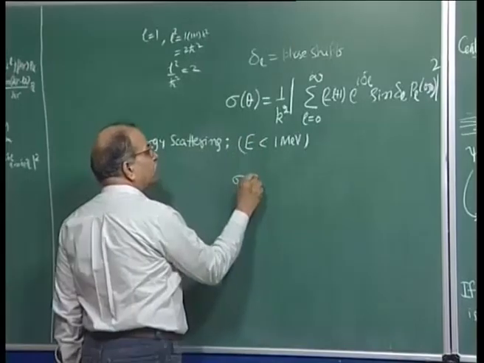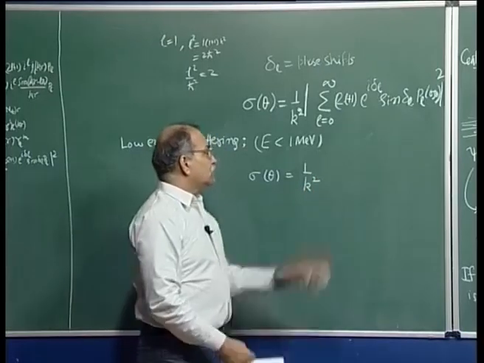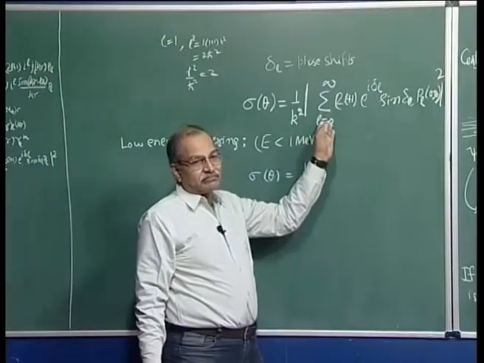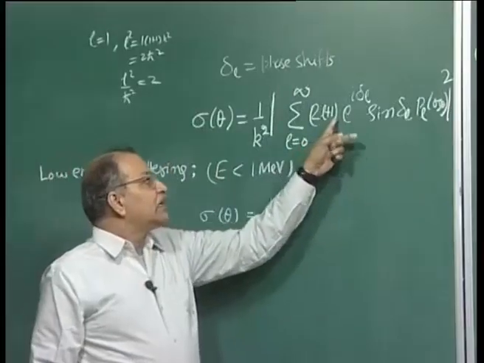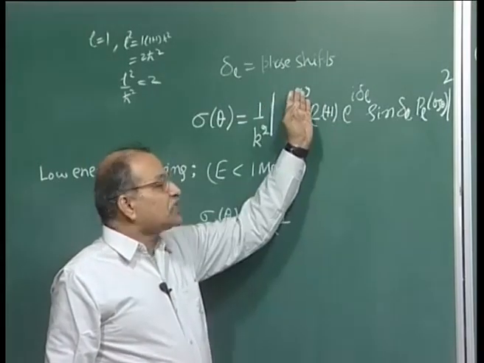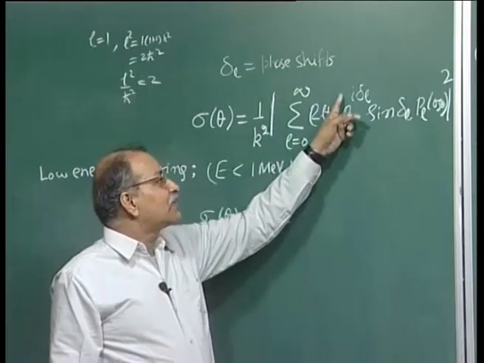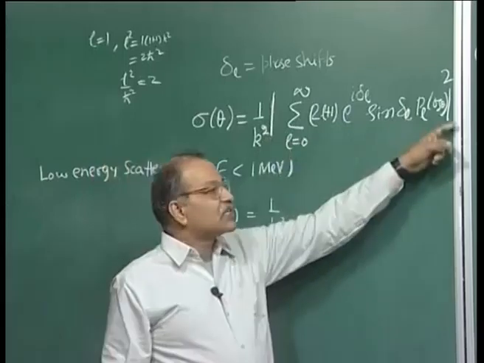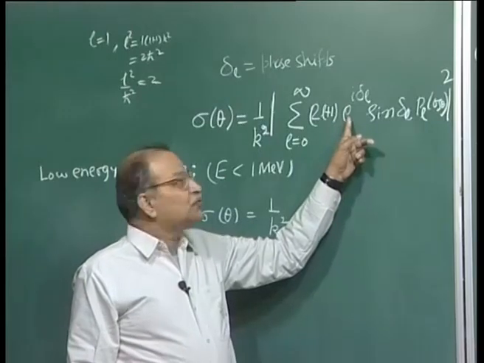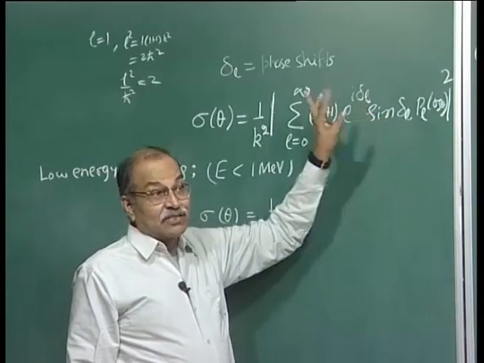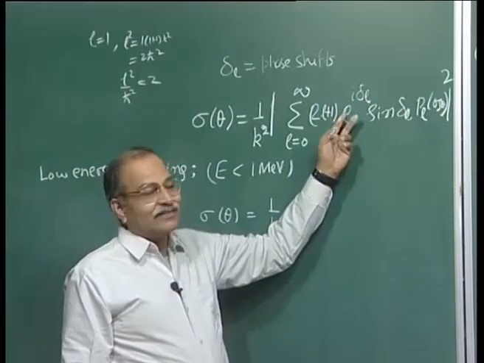This sigma theta will be 1 by k square. Now, L equal to 0 to infinity, I only need the L equal to 0 term. So, this 2L plus 1 is 1, and since there is no more summation, only the L equal to 0 term we are looking at, this e to the power I delta L, when you take the mod square, will become 1, e to the power I delta L multiplied by its complex conjugate e to the power minus I delta L. So, that will become 1.